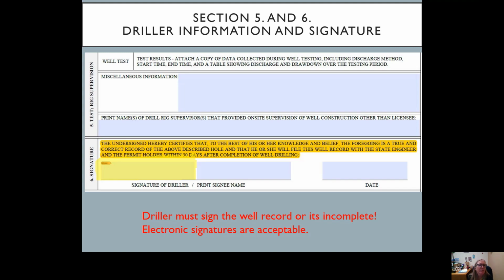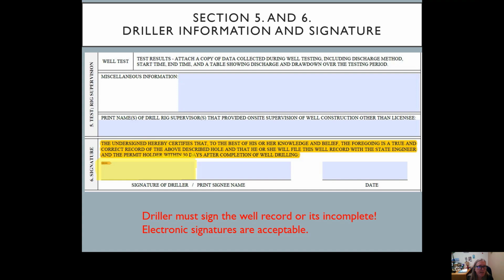This again is where we would expect to see test results of any well testing, discharge method, start time, stop time, and a table showing discharge and drawdown if you're doing a pump test, and any miscellaneous information if you had any problems on the well and you want to indicate that. If you had problems with getting the landowner to allow you to complete the well, you would put your information in this miscellaneous information.